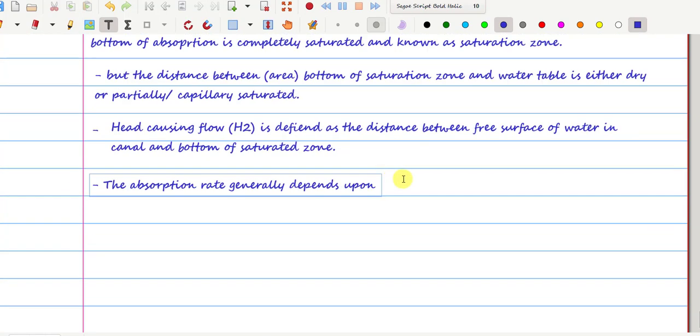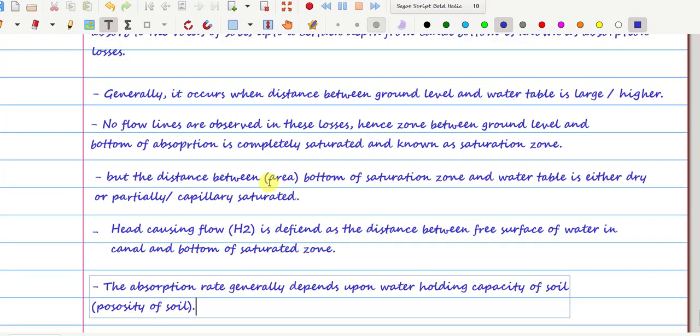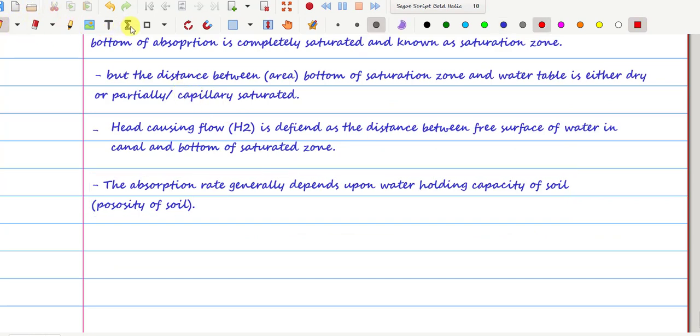But in case of absorption, the rate generally depends upon the water holding capacity of soil, which we call the porosity of soil, right? So in case of absorption, it depends upon the porosity of soil. This is the point you need to remember.